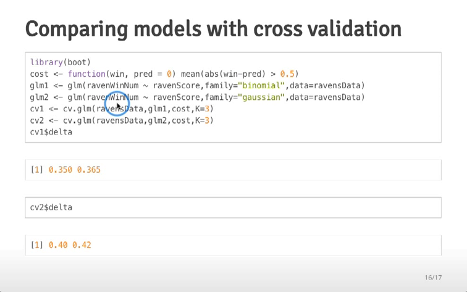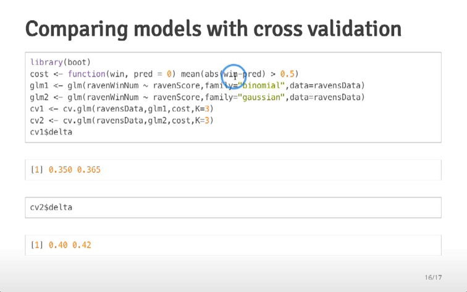Then what I'm going to do is define an error measure. In this case, the error measure is the following. If my prediction is more than 0.5 away from the actual value of whether you won or not, in absolute value, I'm going to call that an error. And then I'm just going to average those errors over all possible values that I'm going to predict.